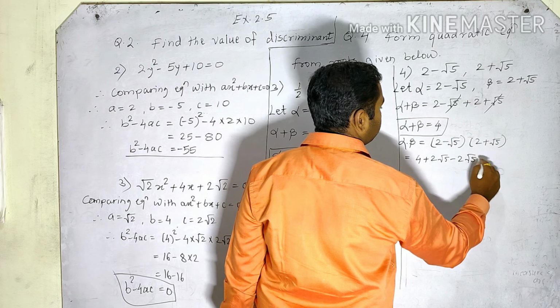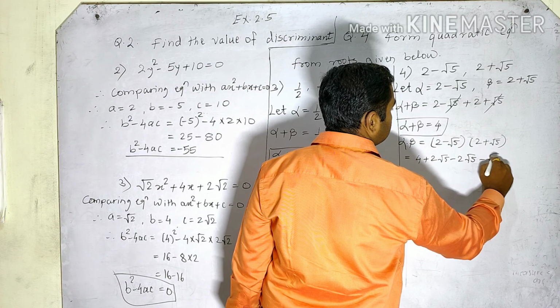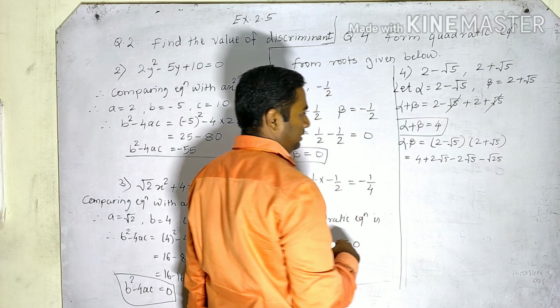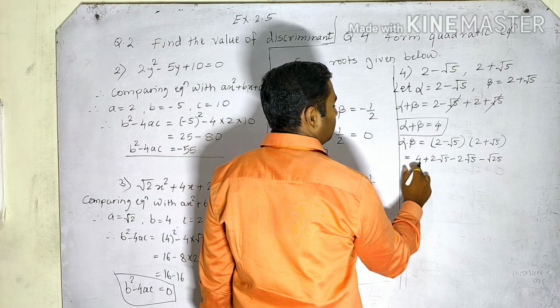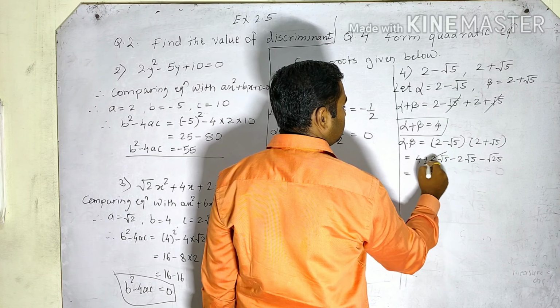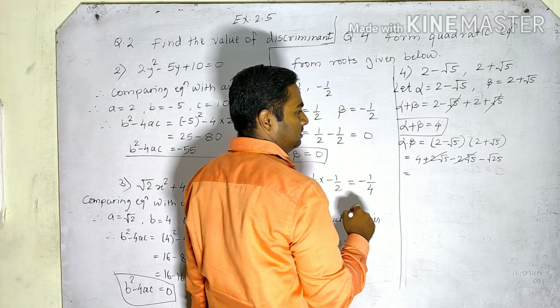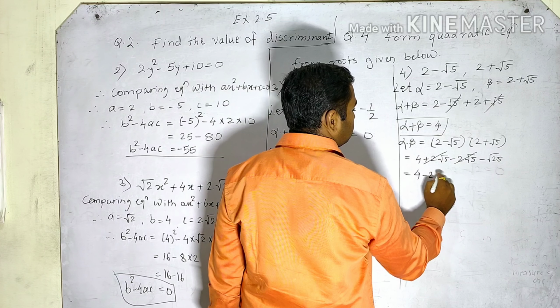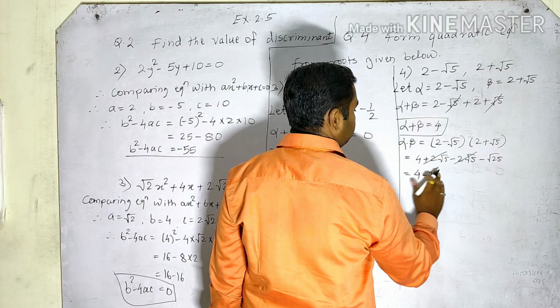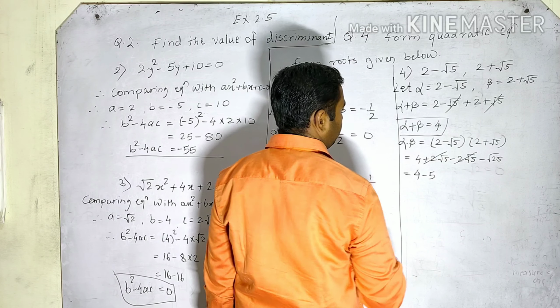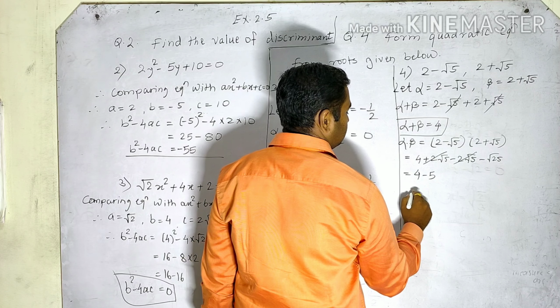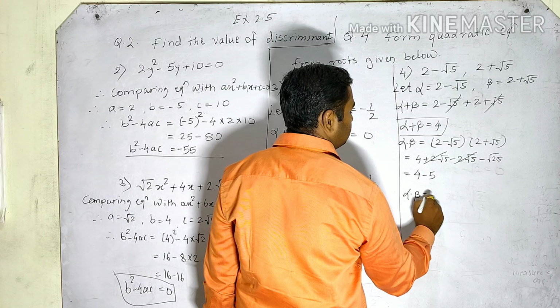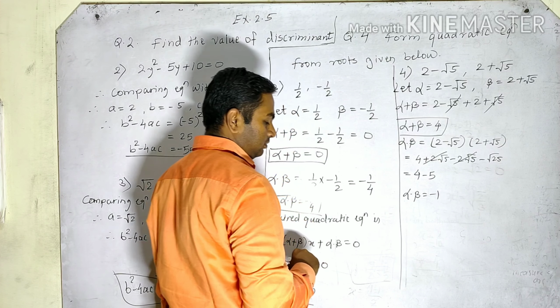Root 5 multiply root 5, that is minus root 25. Okay, so the plus and minus 2 root 5 get cancelled, it becomes 0. So we get 4 minus root 25, that means 5. So alpha into beta is equal to minus 1.